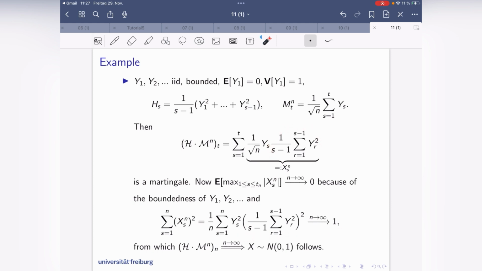That converges to 1, I claim, because, well, if s is large, this here converges to 1. And the average of the y s squared also converges to 1. Yeah, that means I have convergence to 1, and I can use the martingale central limit theorem in order to show convergence to the normal distribution.